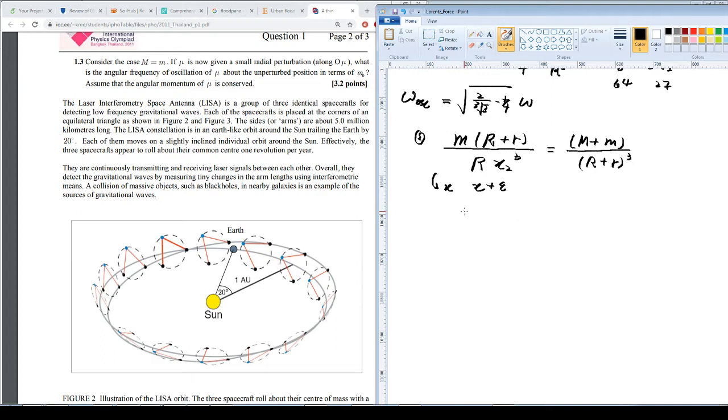Actually, because we know it's an equilateral triangle, this makes everything so much simpler.